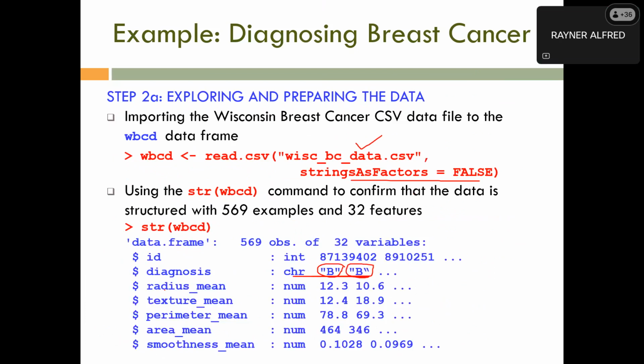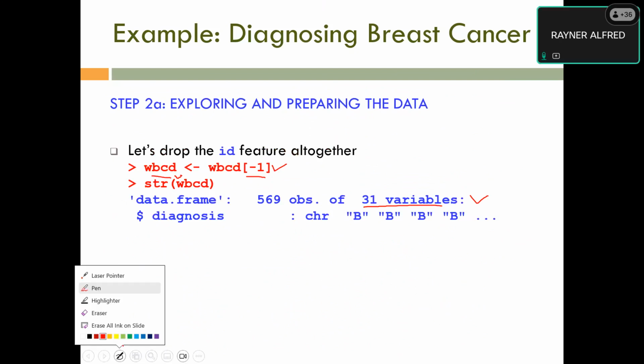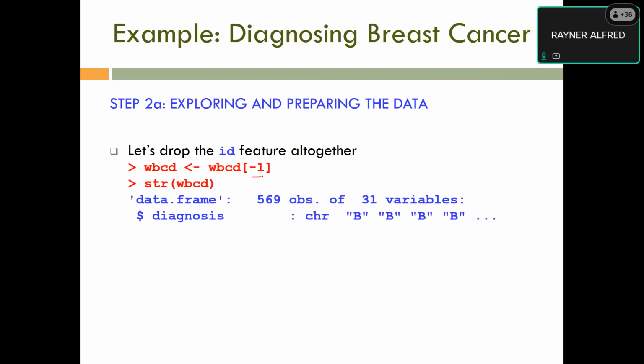The next thing I want to do is remove this ID because it has nothing to do with the classification. So I will say -1 here, meaning that I will remove the first feature and I will update my data. So now I only have 31 variables.